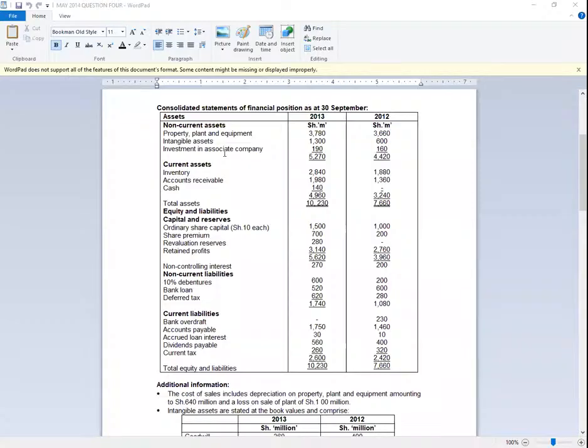Any investment that I make in an associate, I expect dividends. So I'll have something to do with the dividends received from the associate. Ladies and gentlemen, please listen to me very well. When you look at this property, plant, and equipment, what have they told us really here?